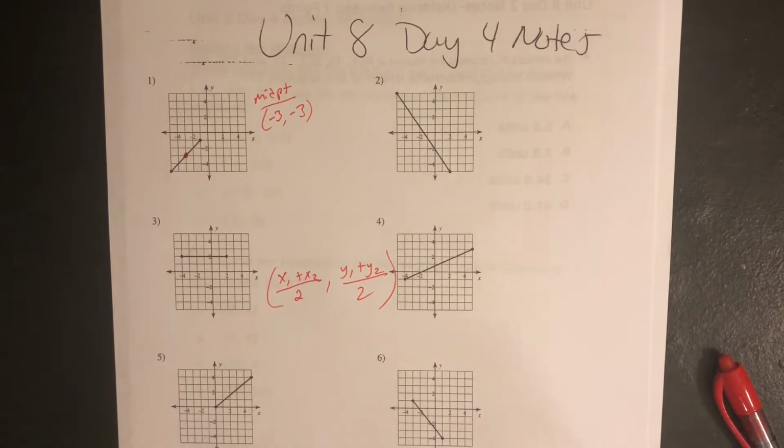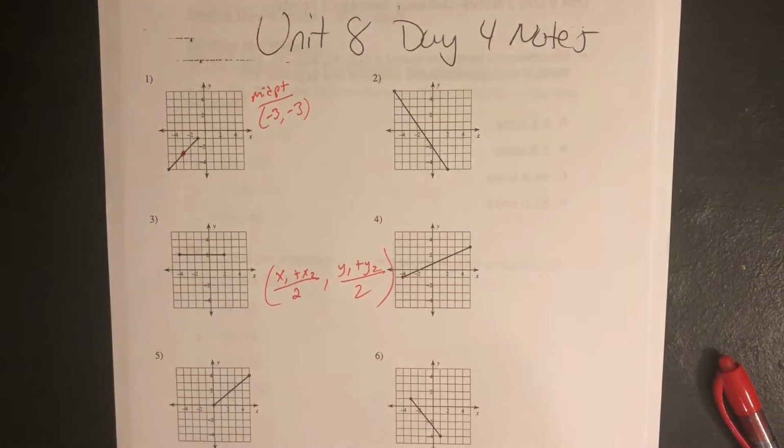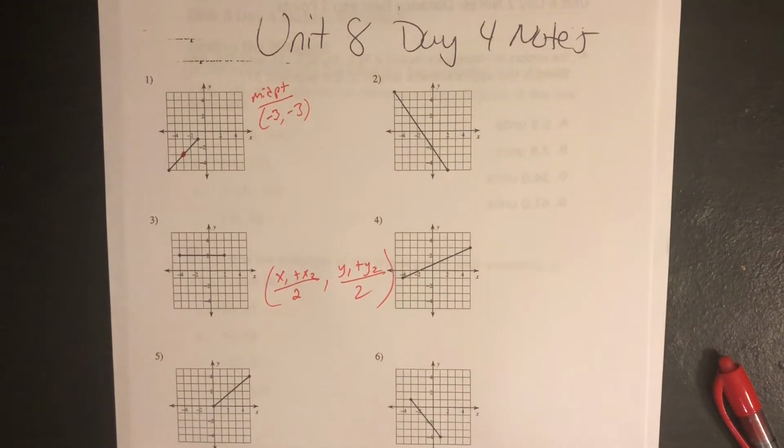So what they're saying is, if you take your two endpoints and add the x's together and divide by 2, and take your y's, add them together and divide by 2, you will get your midpoint. If you think about midpoint, we're basically just taking the average of two numbers, cutting them in half, because finding the midpoint or the middle section is basically finding the half section of whatever you're looking at. And in this case, we're talking about a line segment.